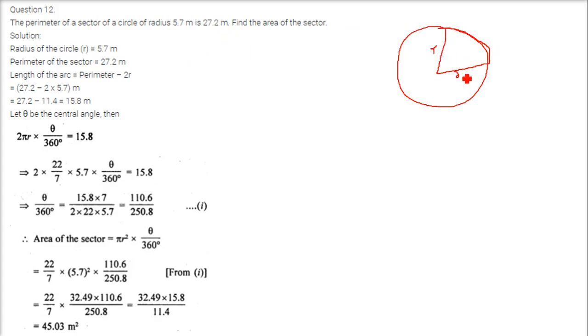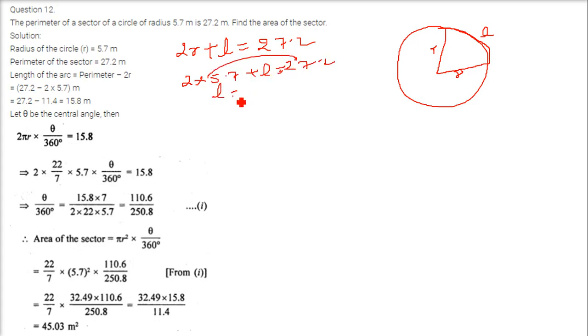That is, if I take this as r and r, so 2r plus, say this is the length, so 2r plus length equal to 27.2, and we have these values. 2 into 5.7 plus length equal to 27.2. So length will be equal to 27.2 minus 2 into 5.7, and that is going to come as 15.8 meter. So this is 15.8 meter length.